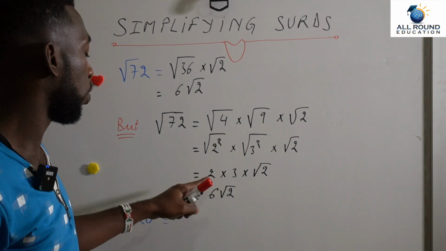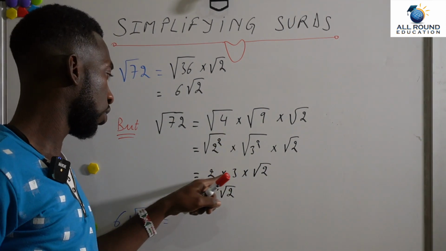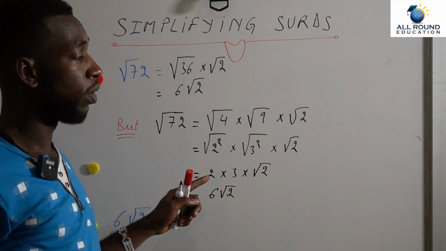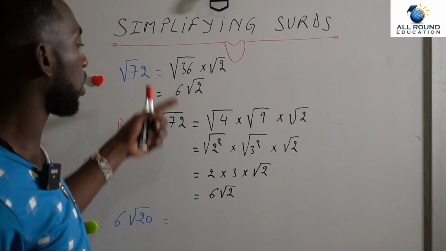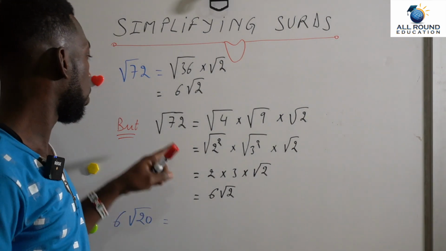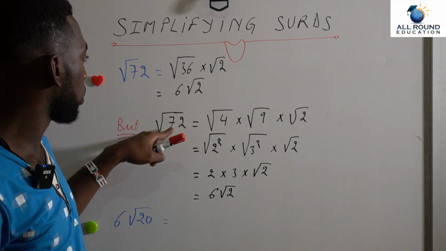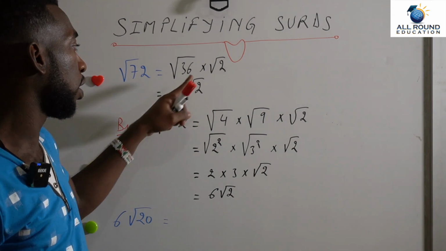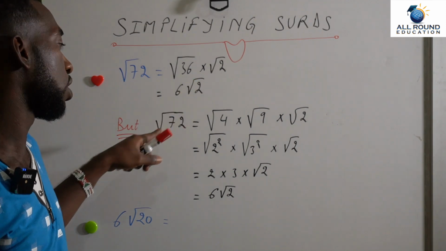And when you evaluate that, you end up with 2 times 3 times the square root of 2. And the answer is 6 square root of 2. Right? So you can see that the answers are the same. The only difference is when you don't know that 36 goes into 72 once and you end up with 2, so when you times by 2 you get 72.